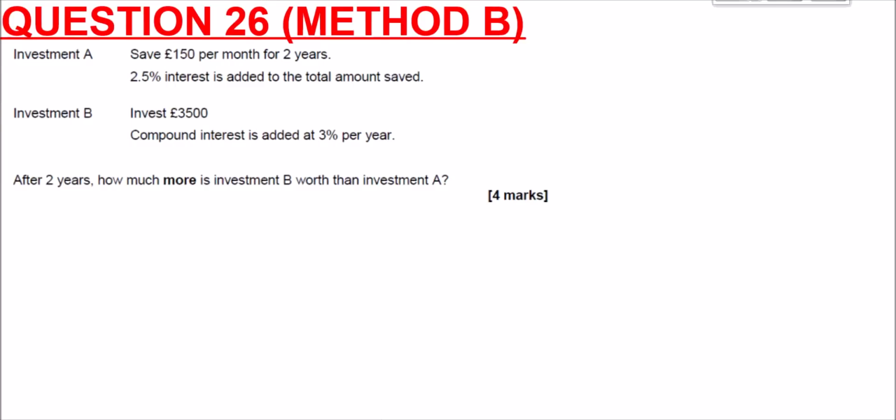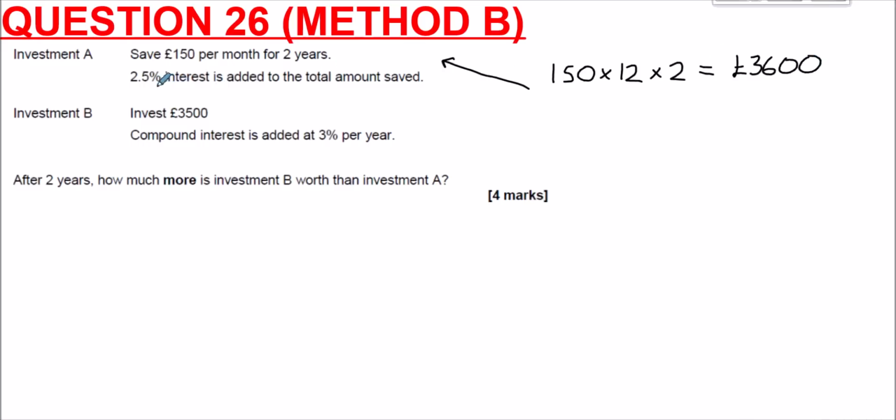So I'll do investment A first, £150 per month for 2 years. So £150 per month, multiply that by 12 months of the year, so this will be how much is saved per year, and for 2 years, multiply that by 2, and we'd get 3,600.